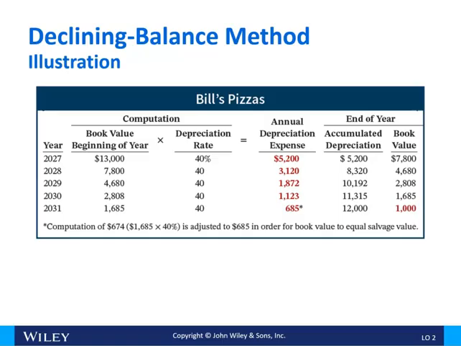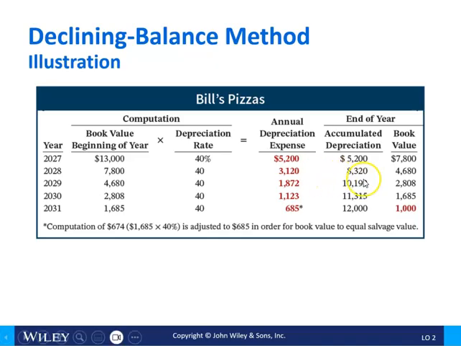Now in year two, we're going to take the 40%, but we don't multiply it by the cost again, we multiply it by the book value. So we have to calculate year one to get the book value, then we use that book value times the same rate of 40%, and we have 3,120.